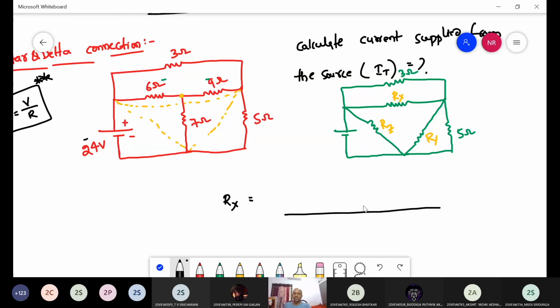I didn't remember the formulas, but some numerator or denominator is common in this. Star to delta, I think. Rx is equal to, I won't get clarity unless I do the derivation. I think the numerator is common here, right guys? Please check once. Tell me one thing, is the numerator common or the denominator common in star to delta? Okay.